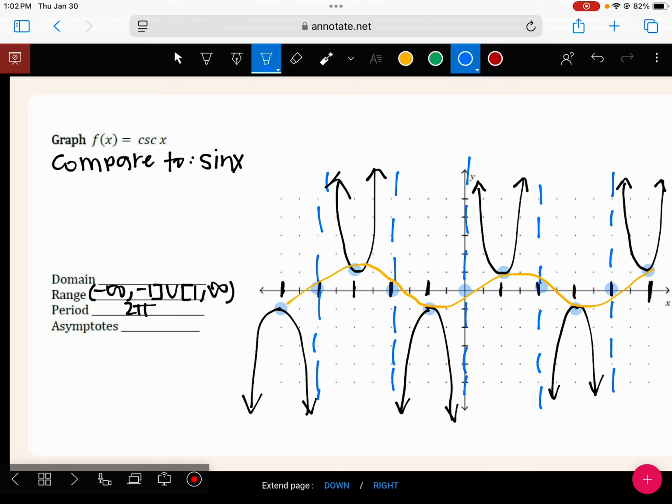It's pi. So you have x such that x doesn't equal k pi halves this time, because you don't have anything. The first time you have an asymptote is on a multiple of pi, so you won't have anything to add or subtract.